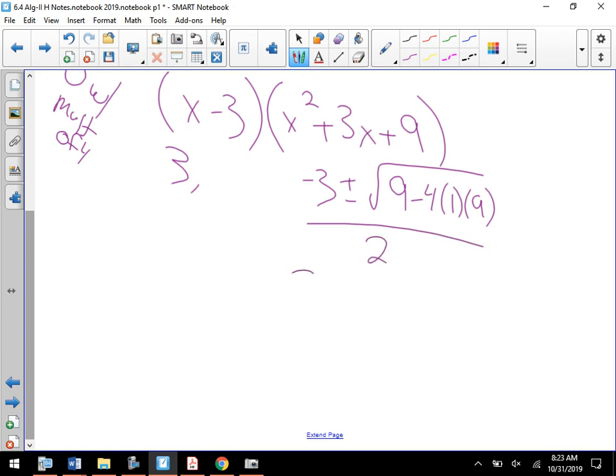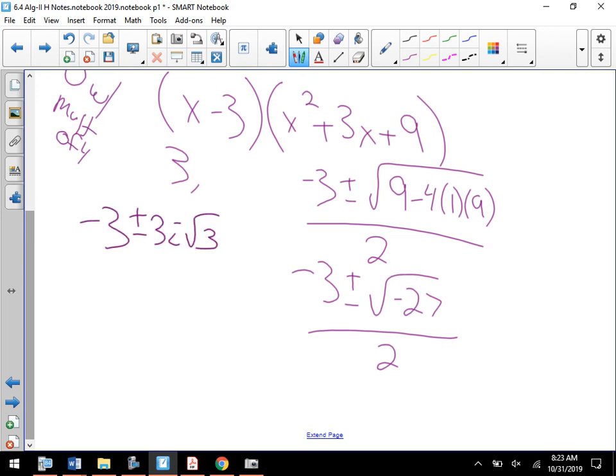So we have negative 3 plus or minus the square root of negative 27 all over 2. Square root of negative 27 is what? 3i root 3. Does that sound right? Yeah. So your other 0 would be at negative 3 plus or minus 3i root 3 all over 2.